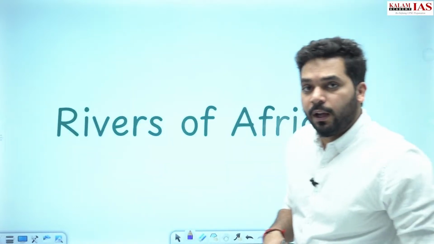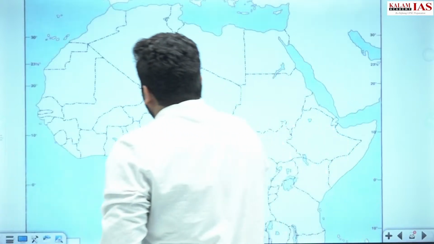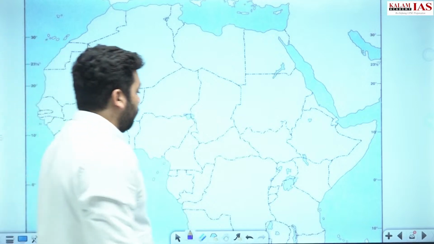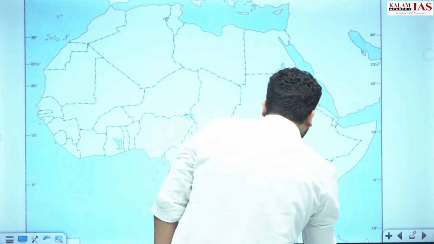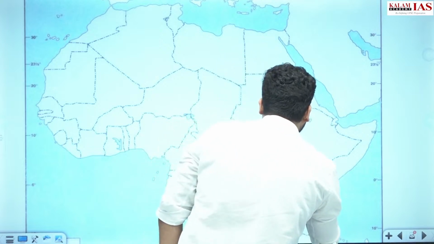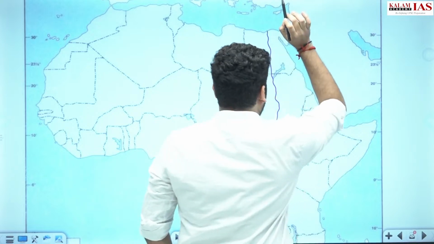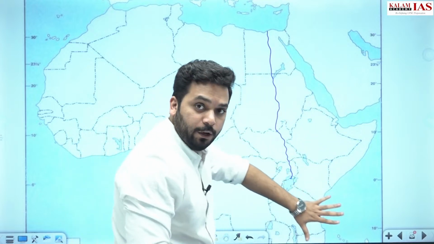Now let's go into the rivers of Africa. First we are going to look at the river Nile. So this is somehow the flow of the Nile. It is originating from the Lake Victoria region.